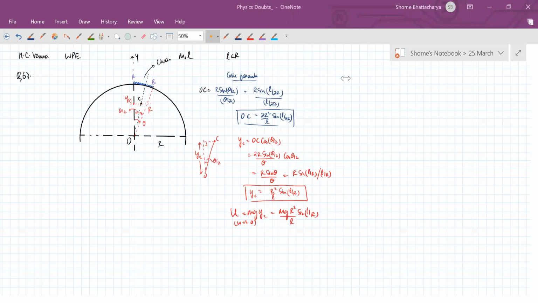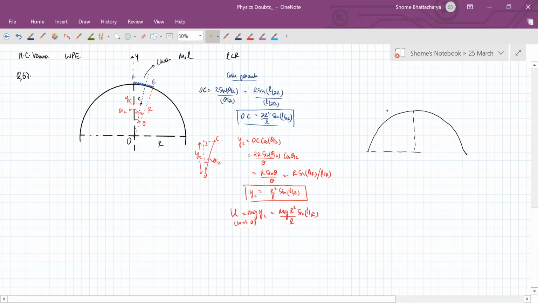Now, suppose you don't remember the formula of the position of center of mass, then you can always quickly derive it by integration. So alternatively, you can use integration. For that, let's say this is our chain again.